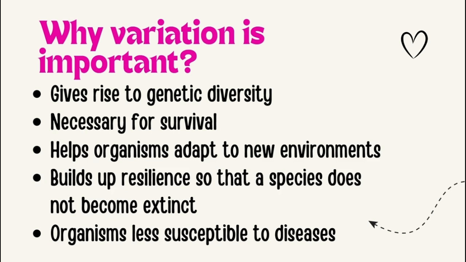Then we want to find out why is variation important, right? So we said before that the entire point of all of this is to really see how genes are passed on from one generation to the next. But how does variation drop into this, right? Variation is what is different between the generations or what is different between the species.